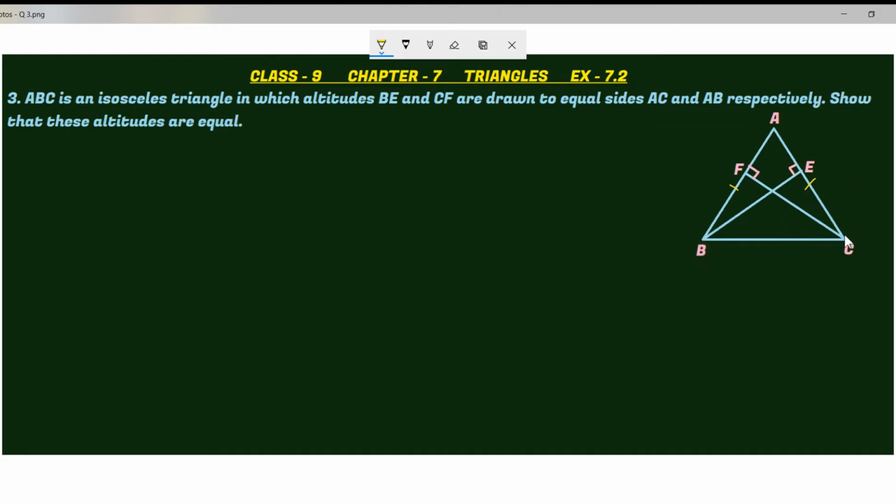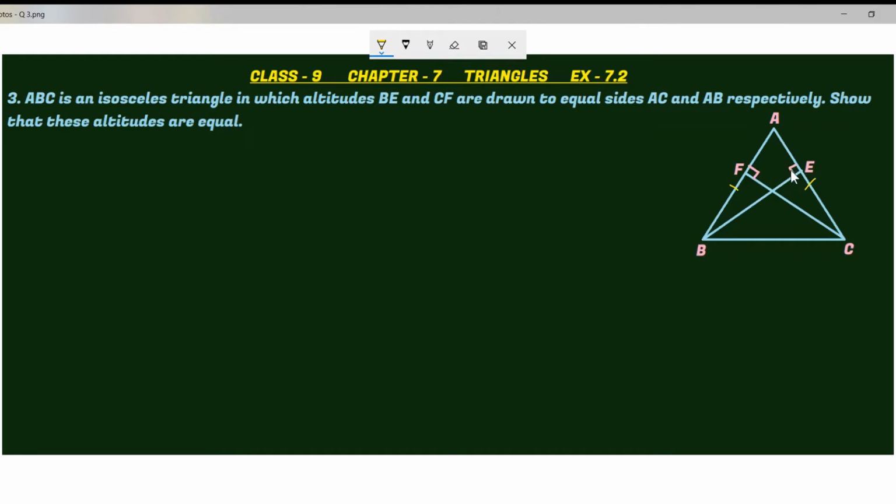So, the CF is perpendicular to AB so that these two lines will make a right angle. And BE is perpendicular to AC. So, line BE and AC will make a right angle. So, these two are right angles.